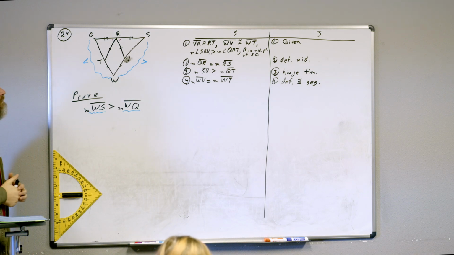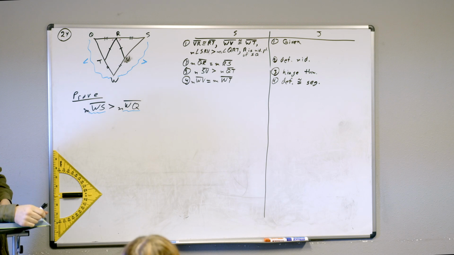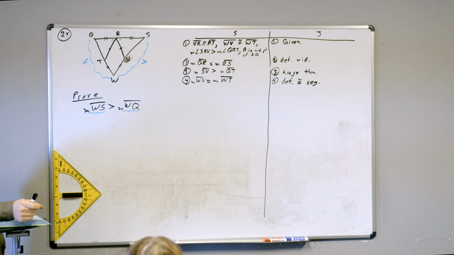Now can we say WV is equal to WV through substitution? And then after that, we can say W... Where are we substituting? Oh, I know, we'd have to say it's equal to itself.